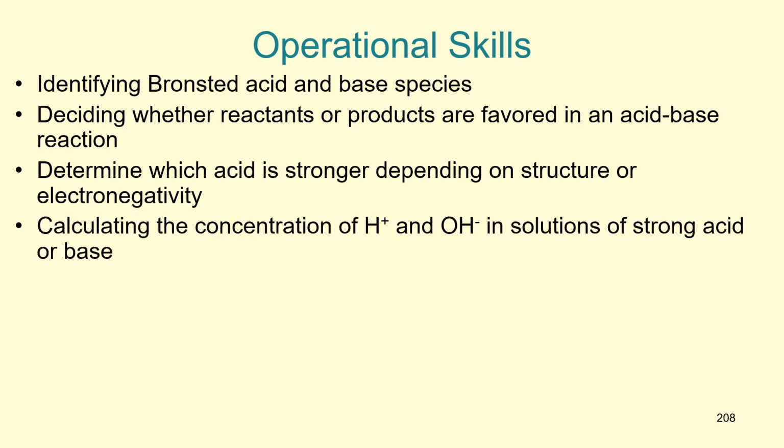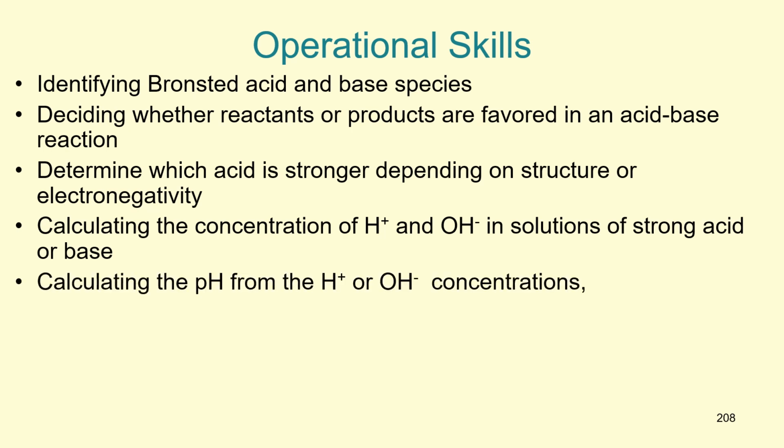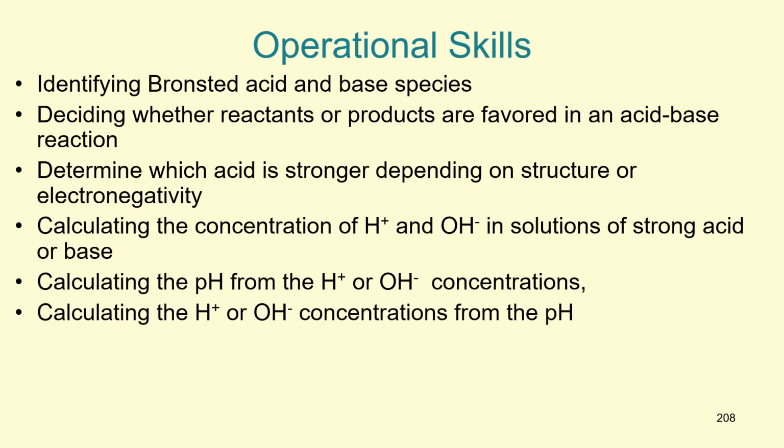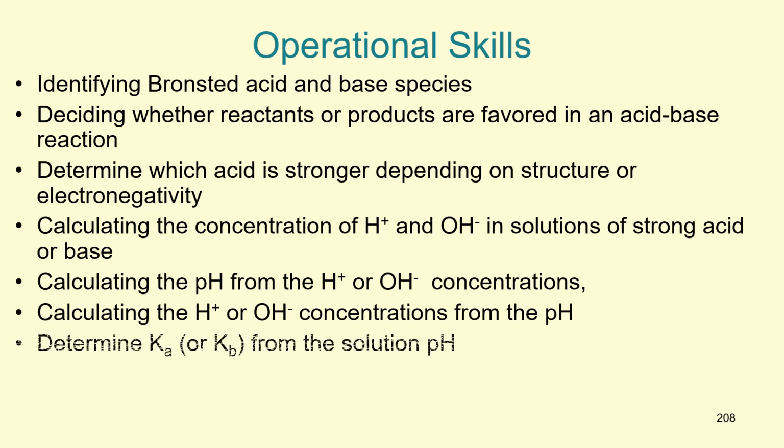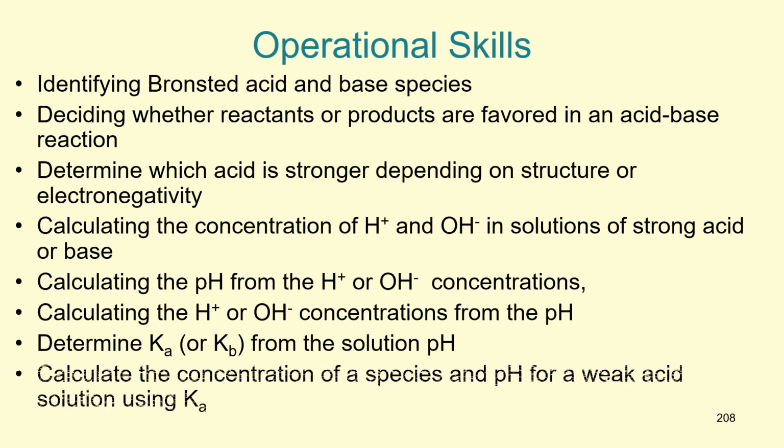Be able to calculate the concentration of H plus and OH minus if you know the strong acid or base. Be able to calculate the pH if you know the H plus or the OH minus. Be able to calculate H plus or OH minus if you know the pH. Determine Ka or Kb for a solution if you know the pH. Those were some of the early problems that we did.